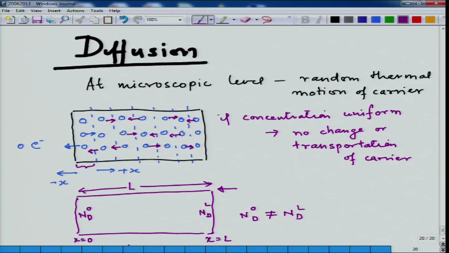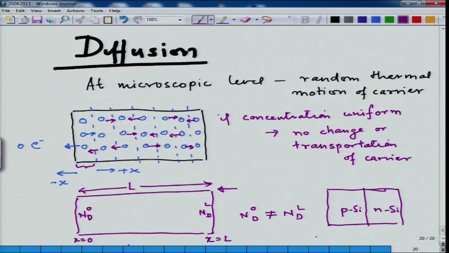There can be other situations. When we make devices, we often put two different kinds of materials adjacent to each other, which means I may have a p-n junction where I put in close metallurgical contact a p semiconductor and an n semiconductor, let us say p silicon and n silicon.